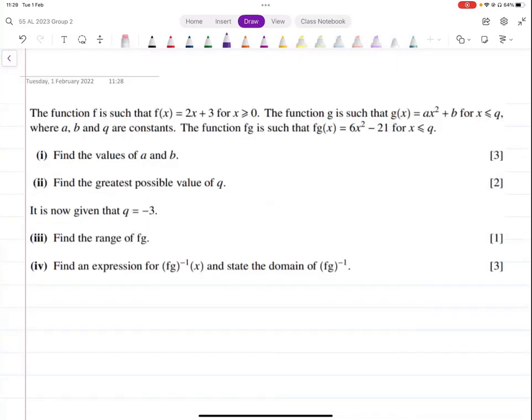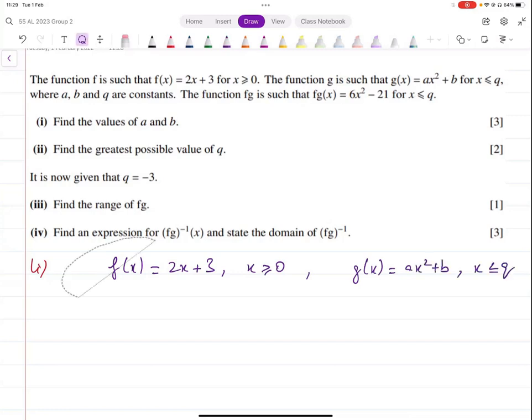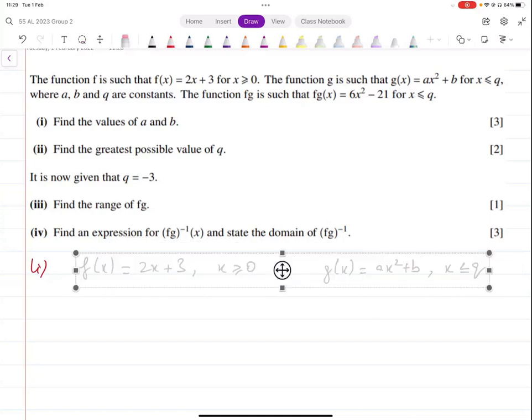Okay, so there's a function f, and that is such that f of x is equal to 2x plus 3 for x greater than or equal to 0. So we're given this function. And there's another function g that is ax squared plus b, and the domain for that is x less than or equal to q.